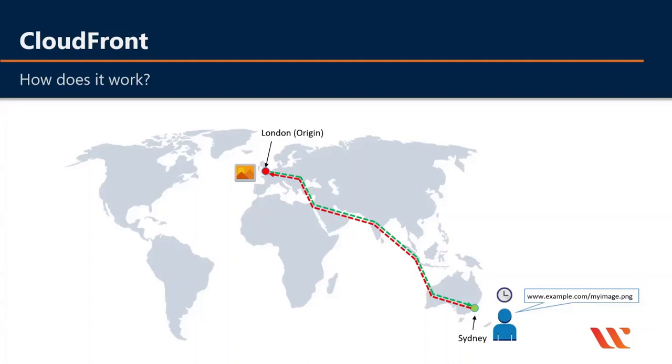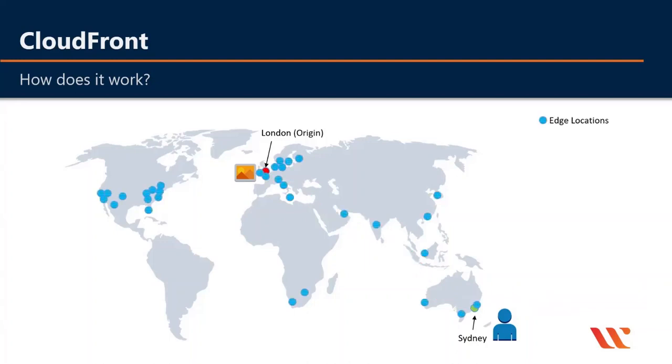To tackle this problem, CloudFront has a strategically placed global network of cache servers called edge locations. CloudFront, at its core, speeds up this content delivery. When a user requests content, such as an image, instead of always delivering it from the origin server, it delivers it from the nearest edge location where the image would be cached.